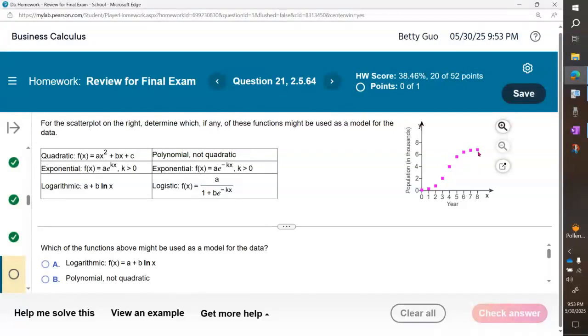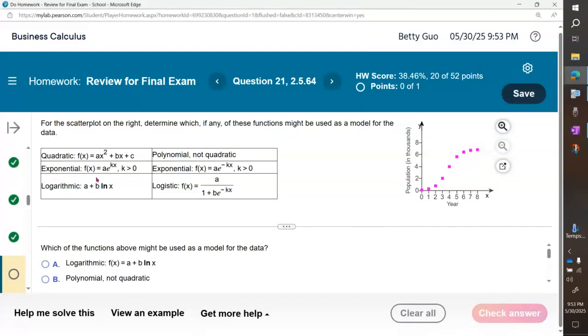And this one looks like a polynomial of degree 3. But I need to double check. Let's see the y-axis. It says population in thousands. Not quadratic for sure.